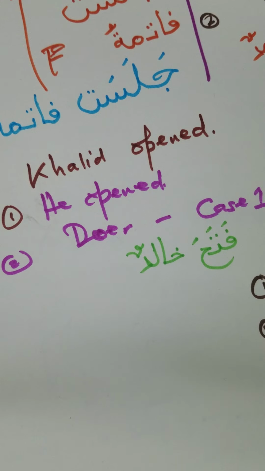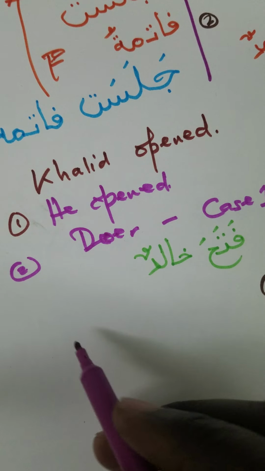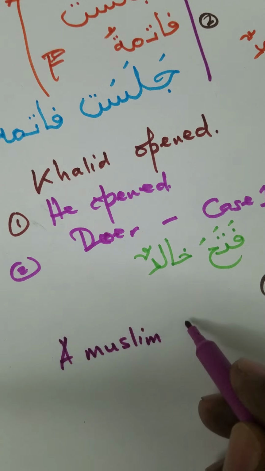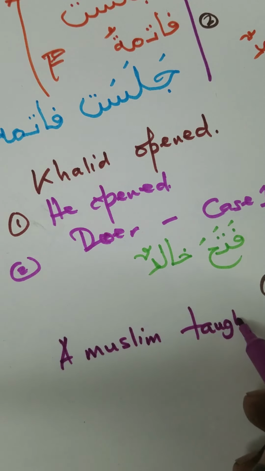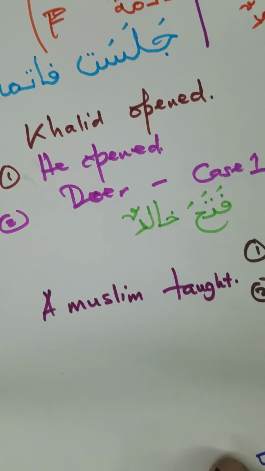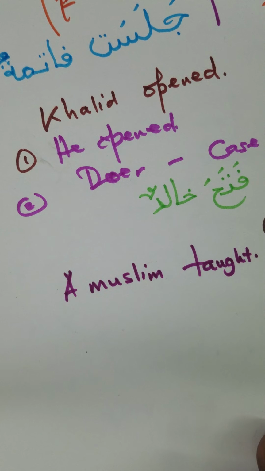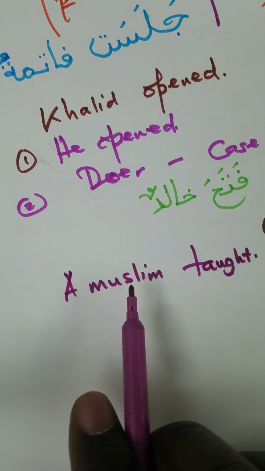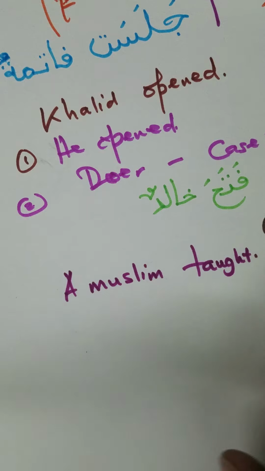You can try out as many other options as possible. Try out these nouns. For example, just translate this to me. A Muslim taught. How would you translate this? A Muslim taught. Remember, you have been giving names. Now there is another noun. A Muslim taught.